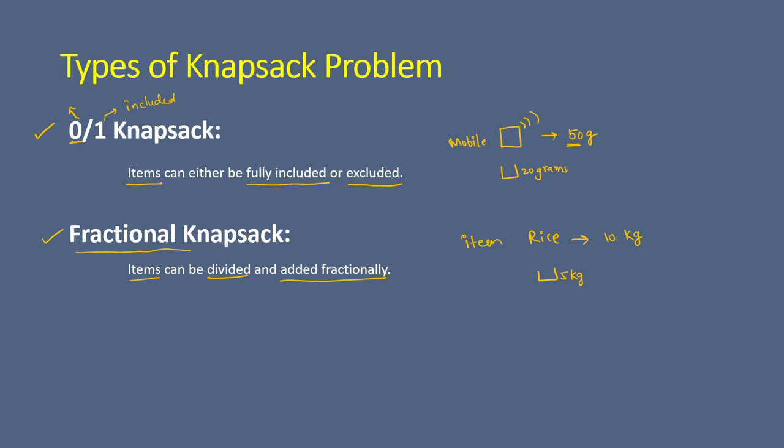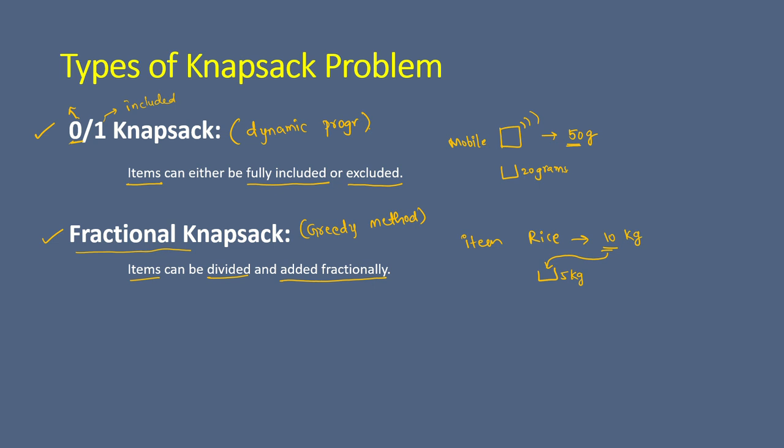Then from these 10, can you take only 5 units and keep them in your knapsack? Yes. This type of problem is said to be the fractional knapsack. The other type is the 0/1 knapsack problem, which we will learn in dynamic programming. The fractional knapsack we are learning right now, with the greedy method.